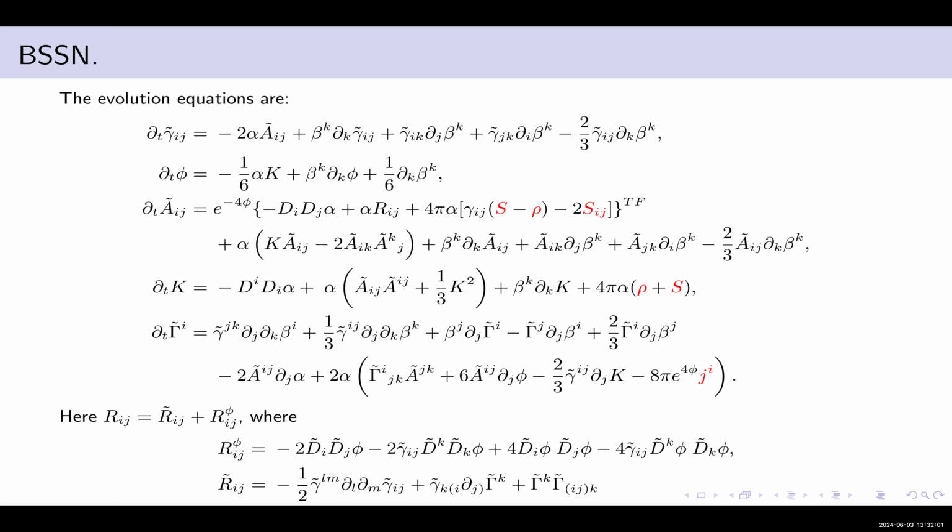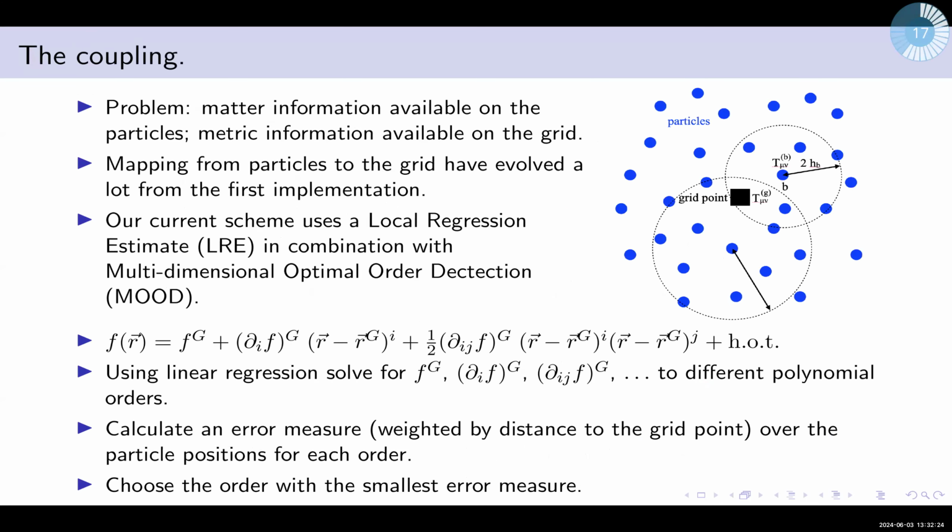So that means that in order to calculate the right-hand side for the space-time variables, you do need to know what the matter is doing at the grid points. And of course, we don't actually have the matter at the grid points at this point, but we'll get to that. So, as I said, matter information is available on the particles. Metric information is available only on the grid.